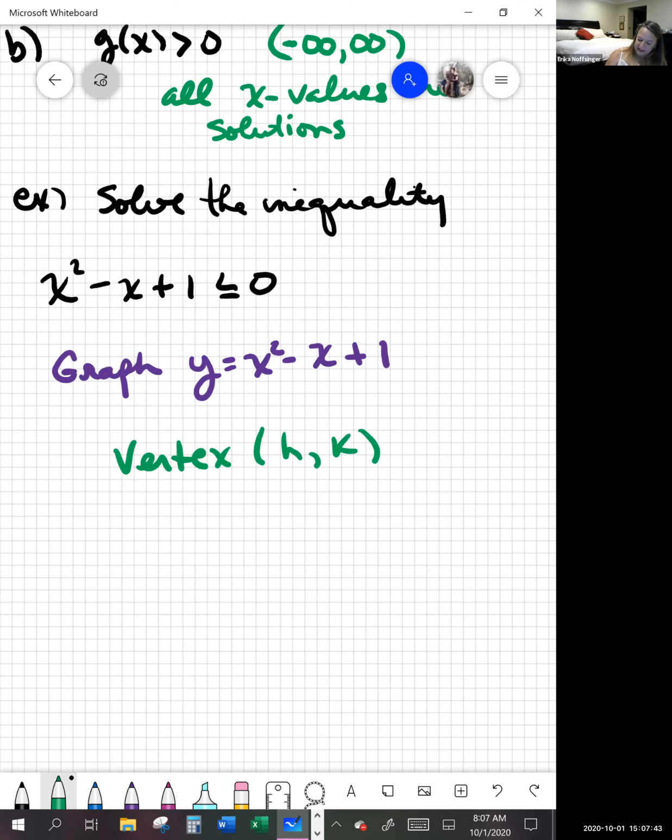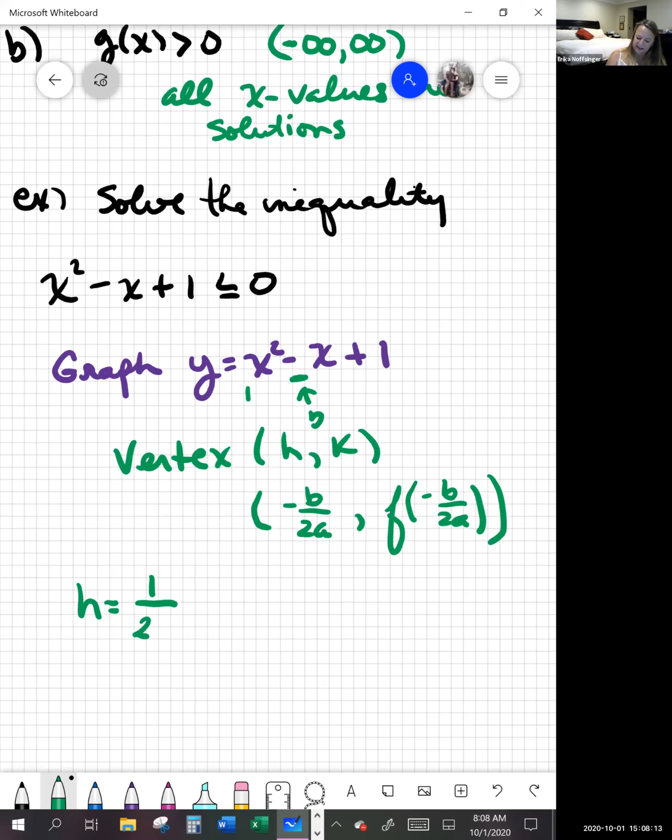We can find h by looking at negative b over 2a, and then we can find k by plugging that in wherever we see x in our function. So h in our case: negative b, so this is our b value, the negative of negative 1 is just 1, all over 2 times a, and our a value in this case is 1. So h is equal to 1/2.